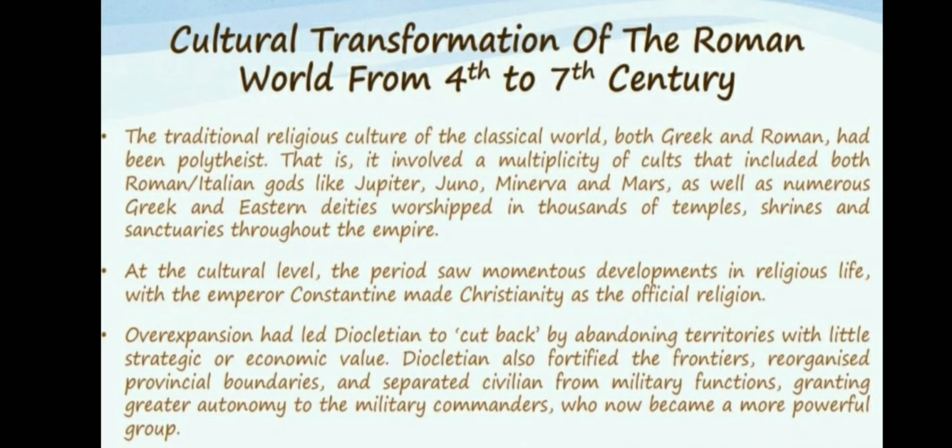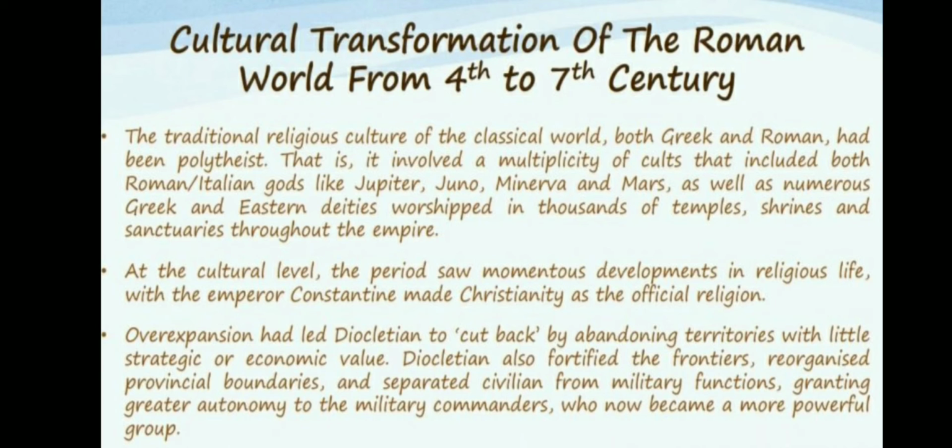That is, it involved a multiplicity of cults that included both Roman and Italian gods like Jupiter, Juno, Minerva, Mars, as well as numerous Greek and Eastern deities worshipped in thousands of temples, shrines and sanctuaries throughout the empire. So, this is a religious aspect associated with the Roman Empire.